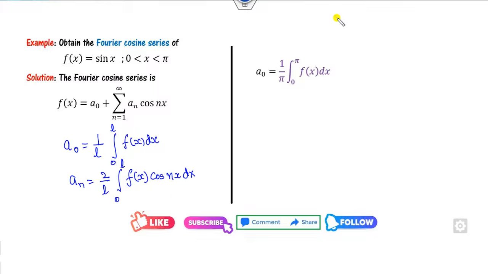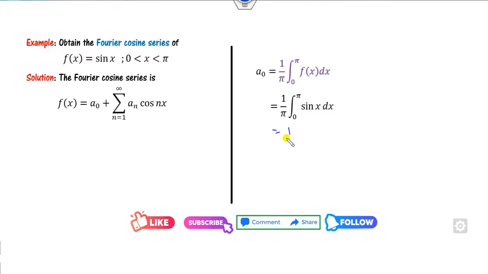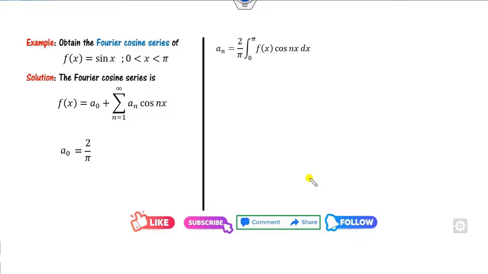Otherwise, you all remember that the general formula will be n pi x over L. In this case, L is pi, so pi and pi will be cancelled. Now, substitute this value. What is the integration of the sin x? If I substitute cos pi is minus 1 and cos 0 is plus 1. So this number will be 2 over pi. I can find the an.